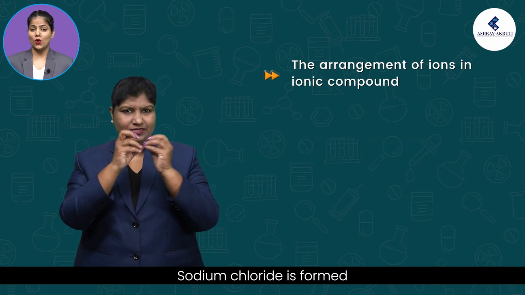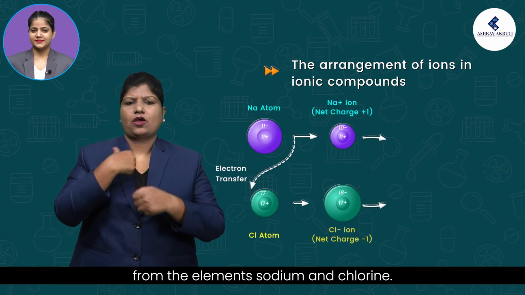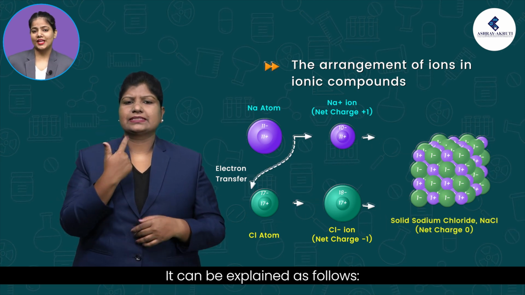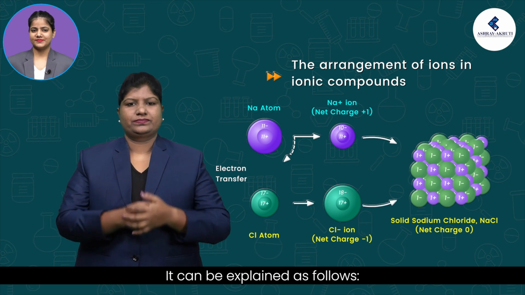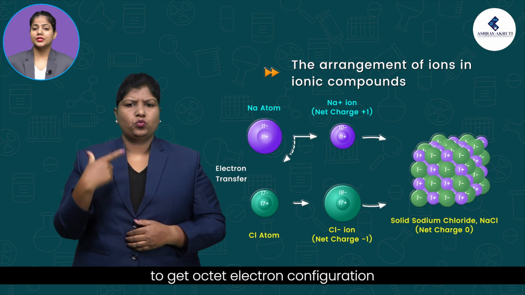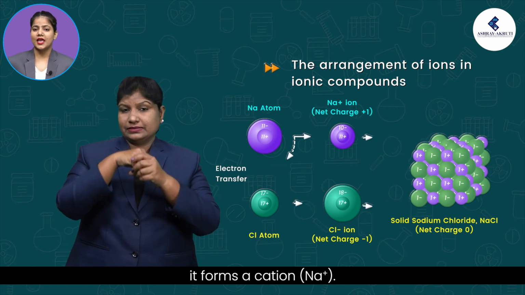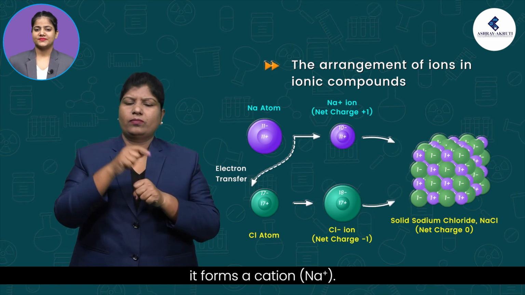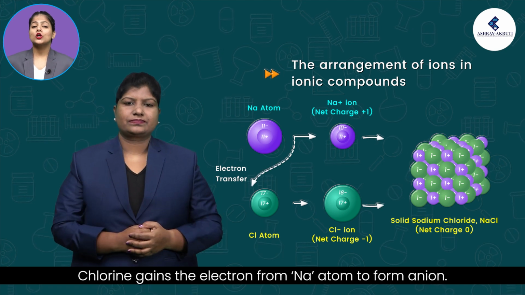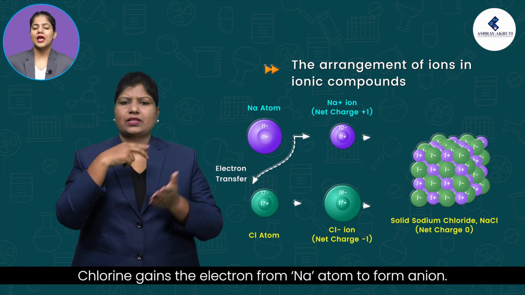Sodium chloride is formed from the elements sodium and chlorine. It can be explained as follows. When a sodium Na atom loses one electron to get octet electron configuration, it forms a cation Na+. Chlorine gains the electron from the Na atom to form an anion.